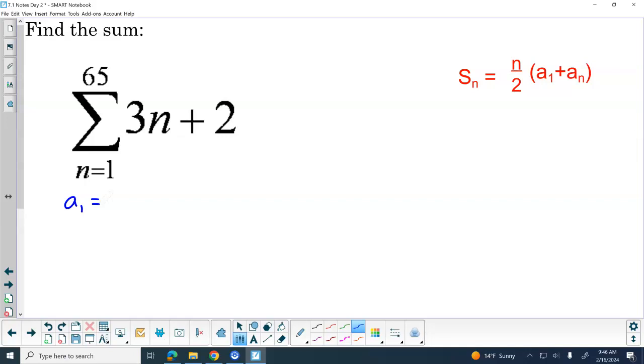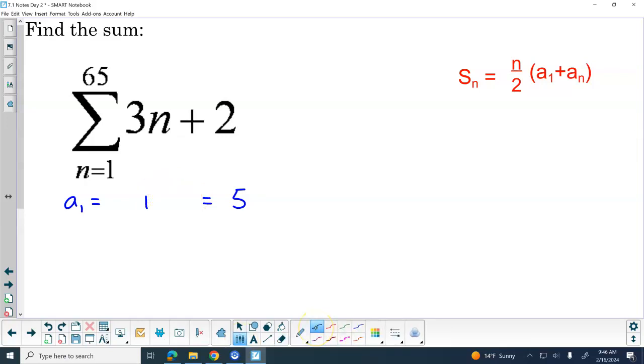So that's 1. So I'm going to plug 1 into my rule. 3 times 1 is 3, plus 2 is 5. Let me change it up so that you can see the color better.